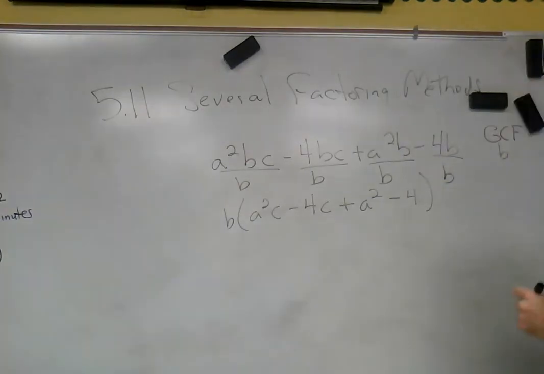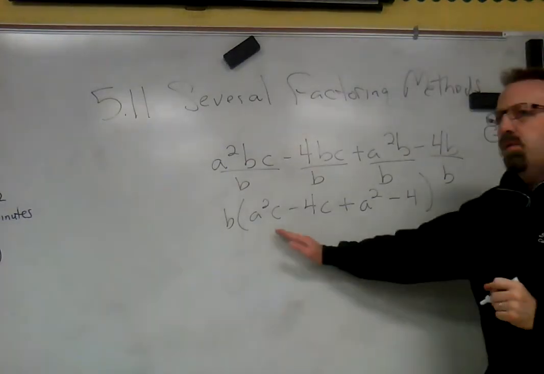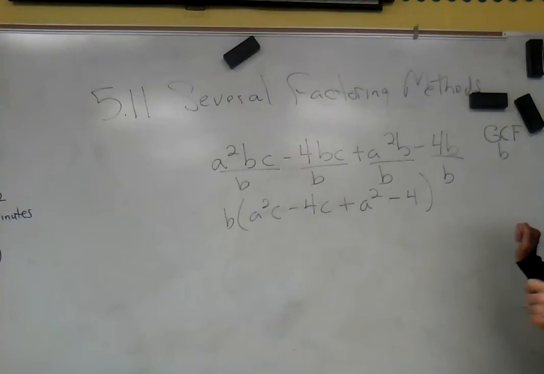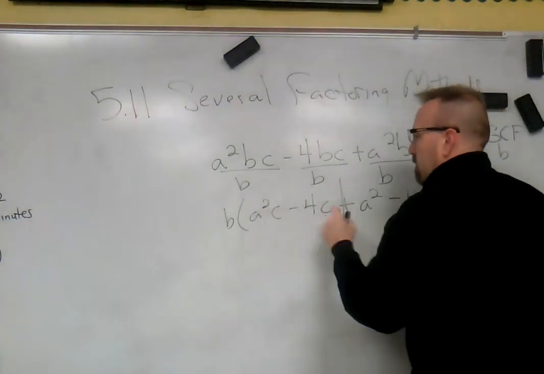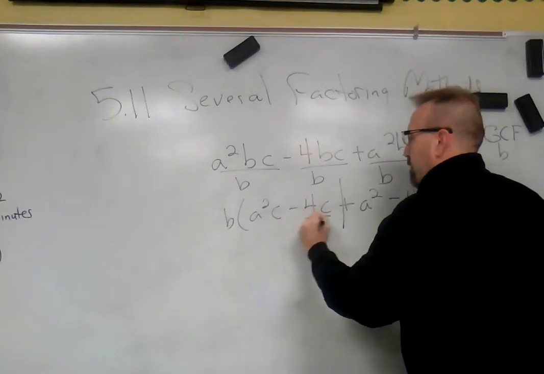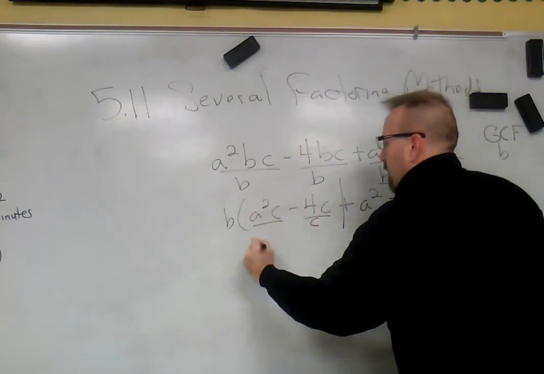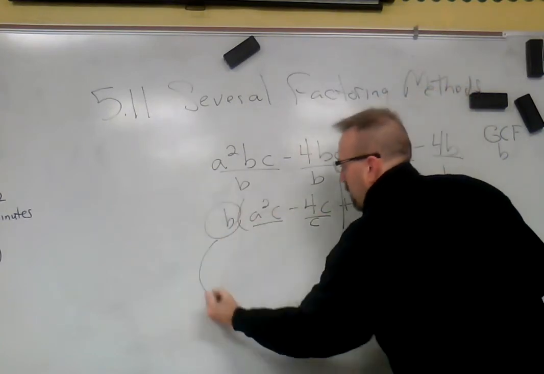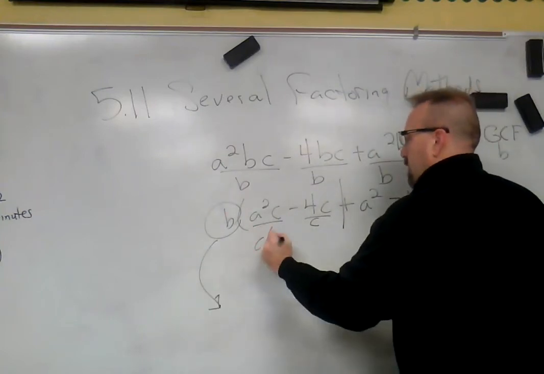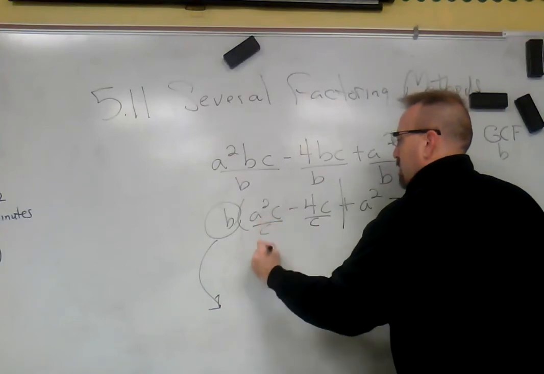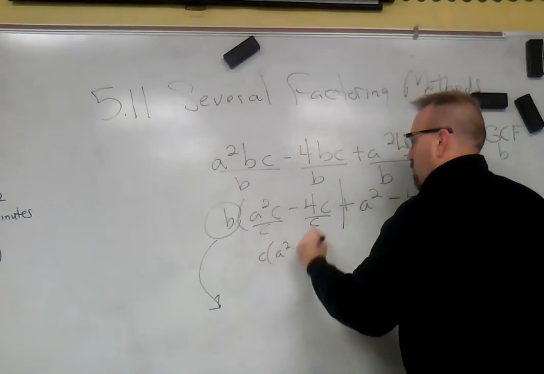All right, 4 terms. What do we do? Cut it in half. What's common in these two? C. So I'm going to circle this and put an arrow down here so we use it at the end. So we get C times A squared minus 4.